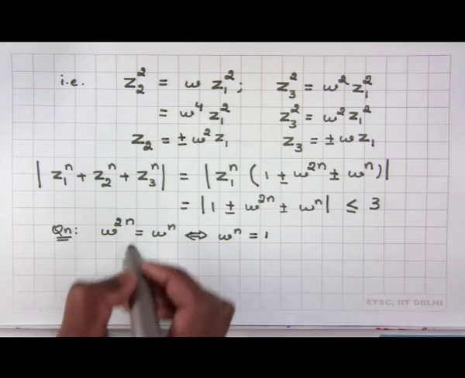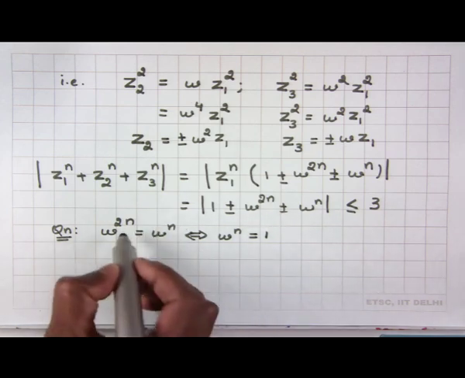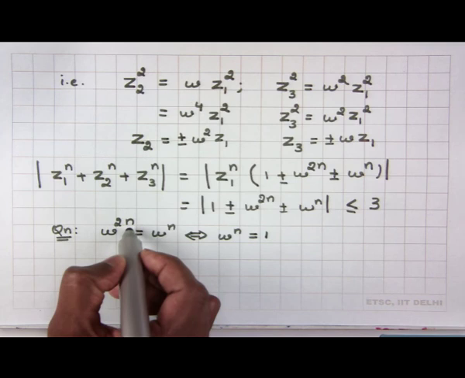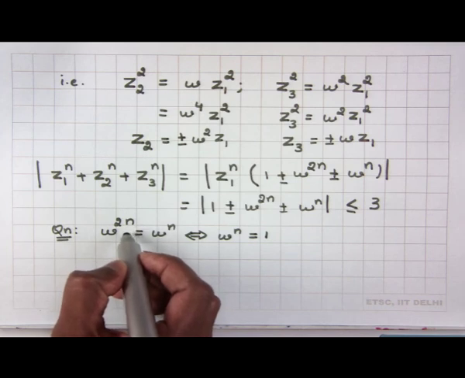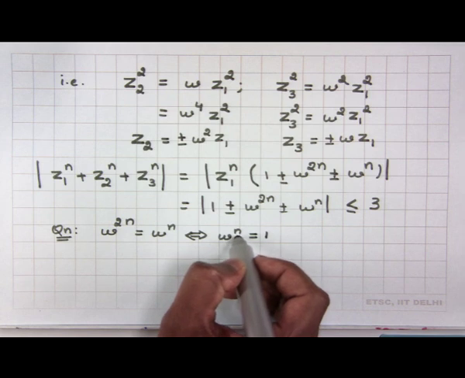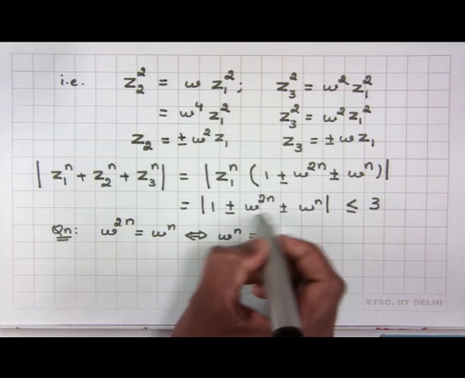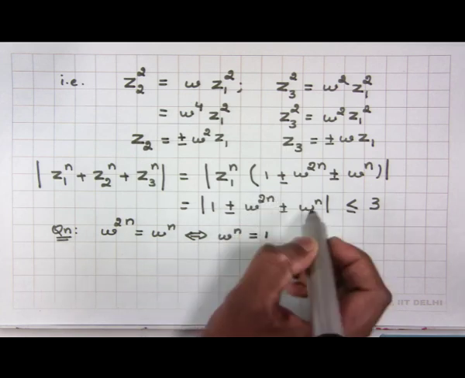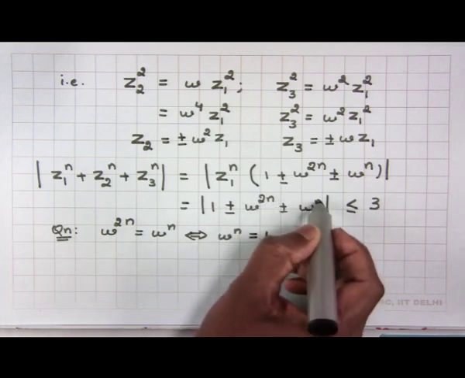So if I take n as integer values 2, 3 and so on, when n is a multiple of 3, you get the same value for omega power 2n as well as omega power n, which is 1.